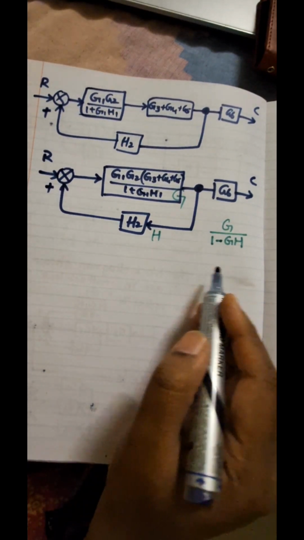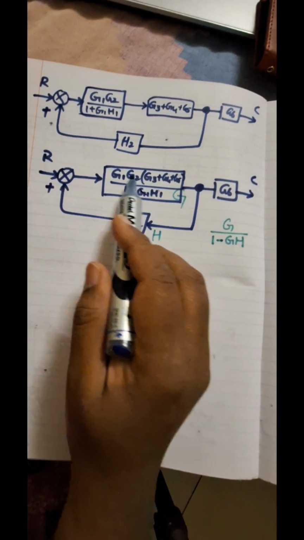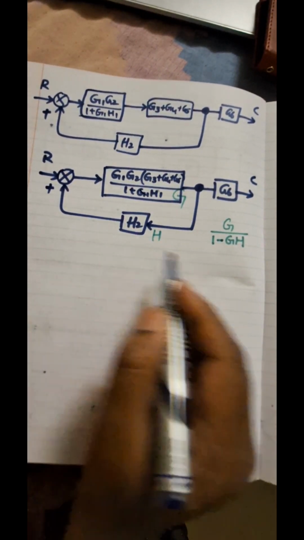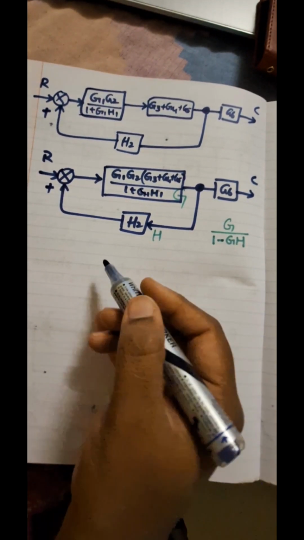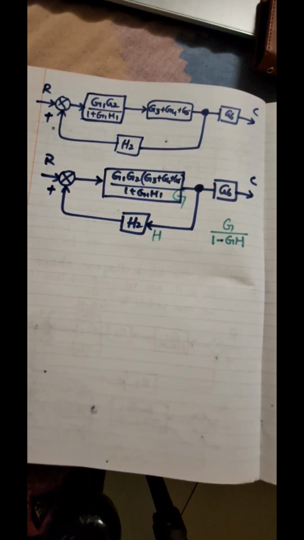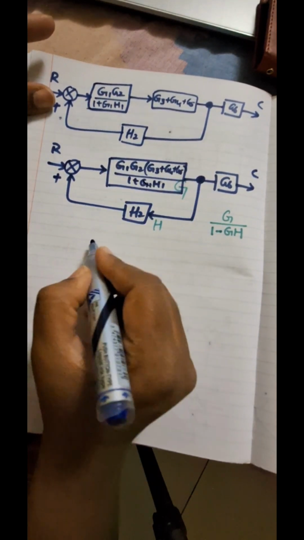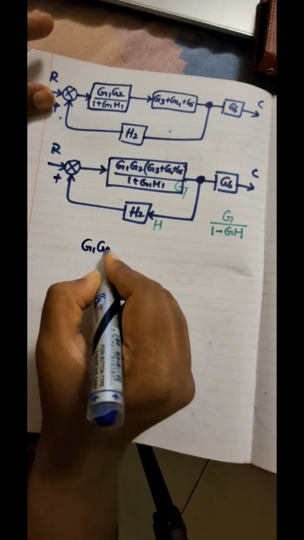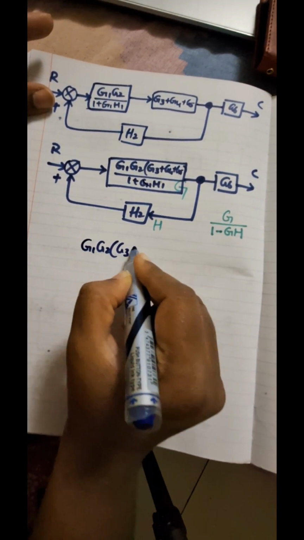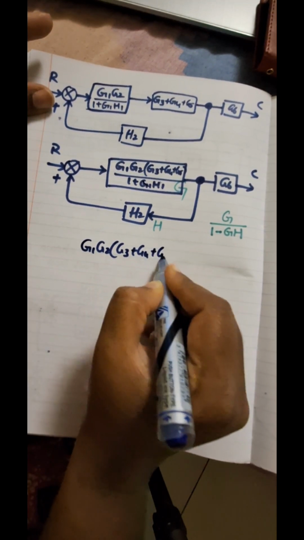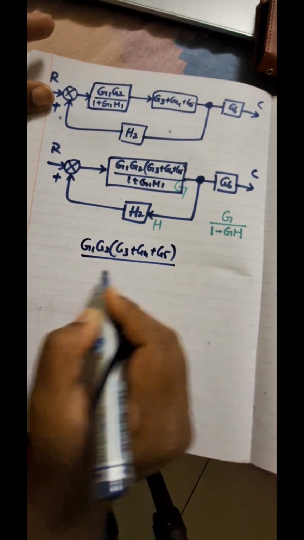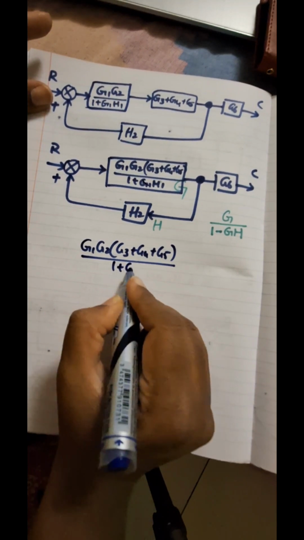So now these two are in feedback. Just write the statement as from the above block diagram, this block and this block are in feedback loop. Hence the reduction block is below. Just say below, don't write it out because it is a waste of your time. Then what is the solution? You should write G by 1 minus GH. First G: G1 G2 into G3 plus G4 plus G5 by 1 plus G1 H1.